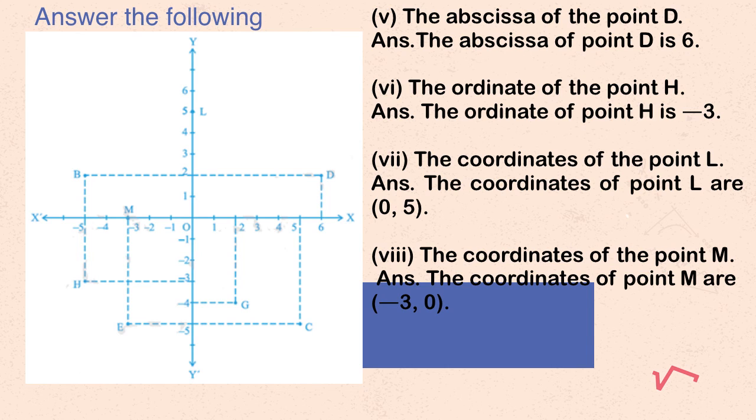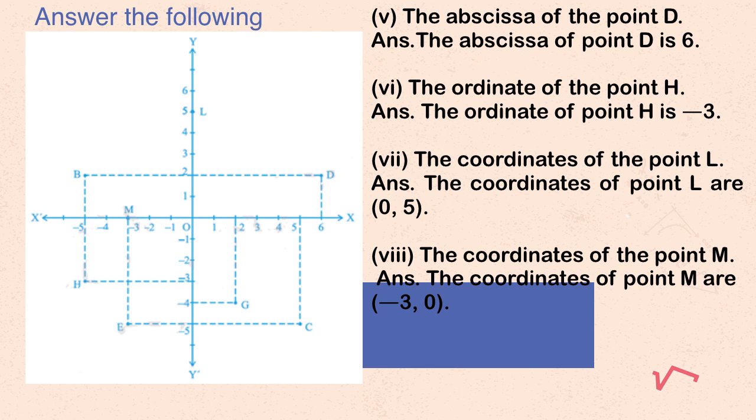Now the last part, the coordinates of the point M. Can you all see the point M in this diagram? Is it visible to everyone? Now when you drop a horizontal line from this point, you can see where this point is. It will lie on the x-axis.